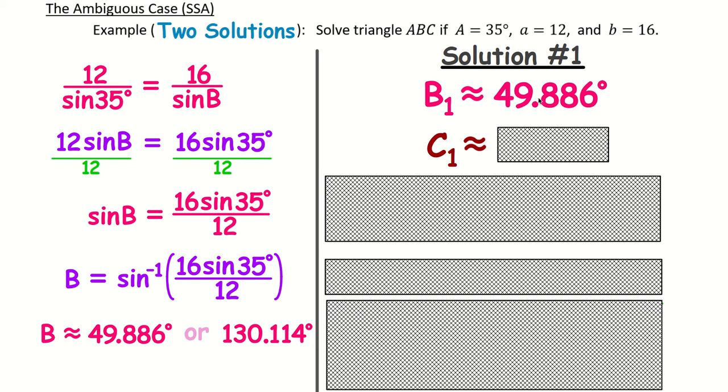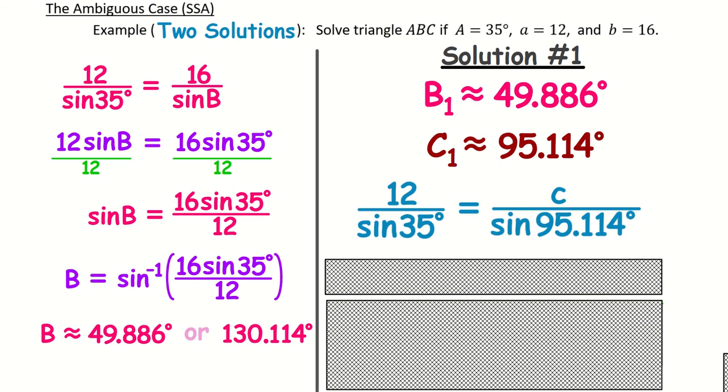And remember, these are locked in stone. So if this is our angle B, then that is going to be our angle C by doing 180 minus 35 minus 49.886. And then what else do we have to find? We've got to find little c.